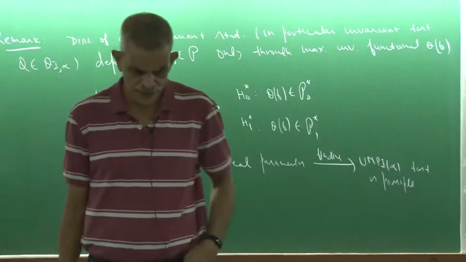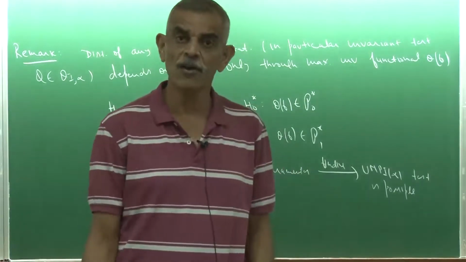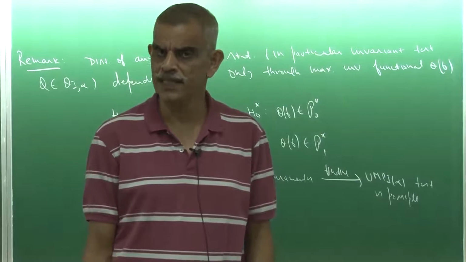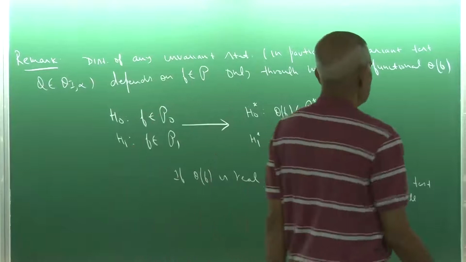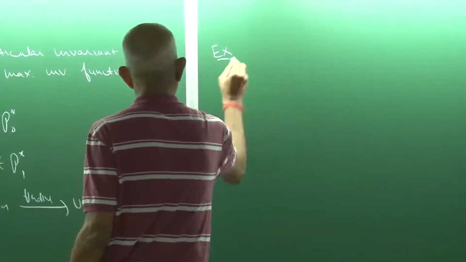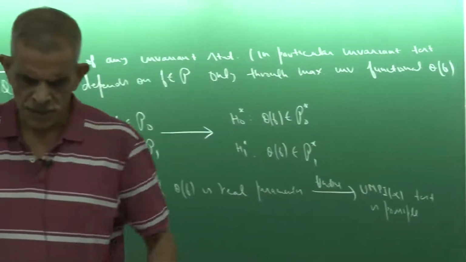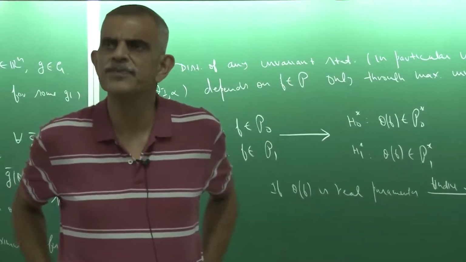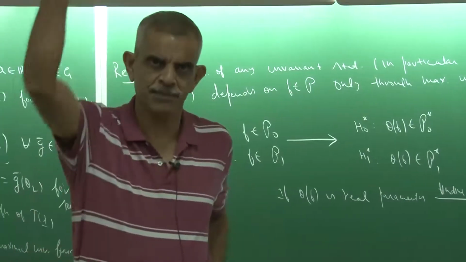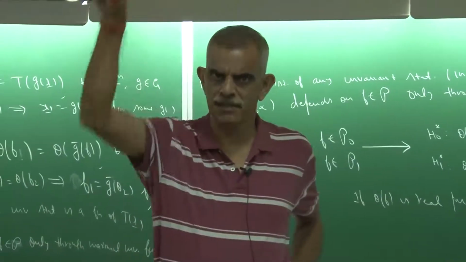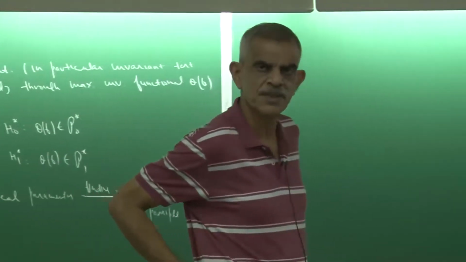So, to see one such application, where I will possibly not be able to find the UMP alpha test or UMPU alpha test, let us consider in general testing for a location family. Many times you may get a feel through your histogram that your data is bell-shaped, that is, its shape is like a bell, as is for the normal distribution.